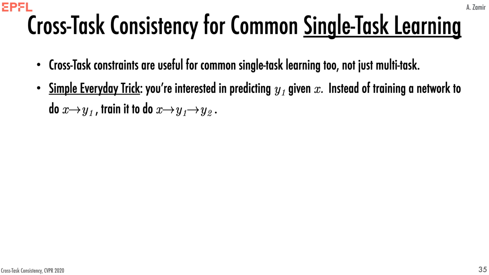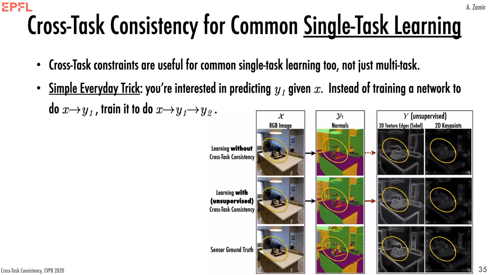And the question is then what you can use as Y2. Even if you don't have this multitask data set, all you have is annotations for Y1 on X images, you can still do this. You can basically make up Y2 domains. That's something that they report in the paper. For instance, you can find some unsupervised domains like texture edges or 2D key points.